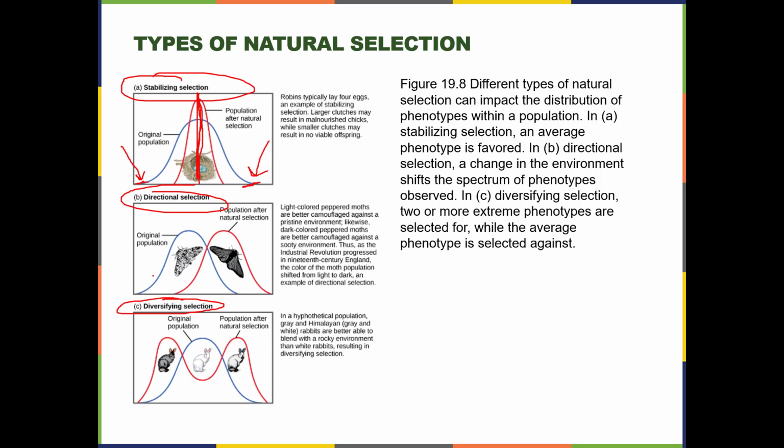And then something changes in the environment, and pretty suddenly, this is no longer favored, and then individuals who are, in this case, more solid black, which would be kind of at this extreme of the original blue line, suddenly are more favored, and so the entire population shifts in a certain direction. So you go from having mostly spotted moths to mostly solid black moths. So one of the extremes is favored, and the group shifts in that direction.